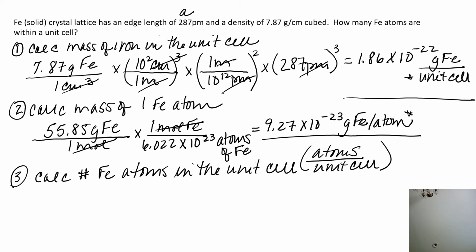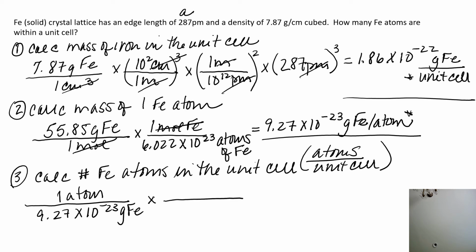So I have 1 atom, because I want that on top, has a mass of 9.27 times 10 to the negative 23rd grams of Fe. And I want the unit cell on the bottom, so I have 1.86 times 10 to the negative 22 grams of Fe, so I want to cancel grams, per unit cell.